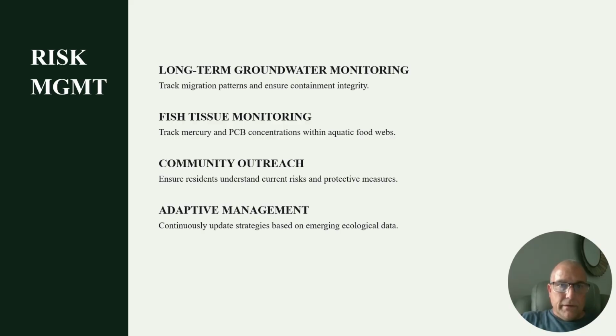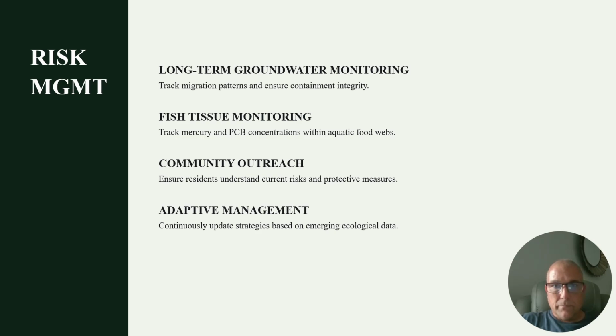Risk management recommendations. Based on the available information, several recommendations can help support continued protection of public health and environmental quality. First, long-term groundwater monitoring should remain a priority to identify any changes in contamination migration patterns. Second, fish tissue monitoring should continue to track mercury and PCB concentrations within aquatic food webs.